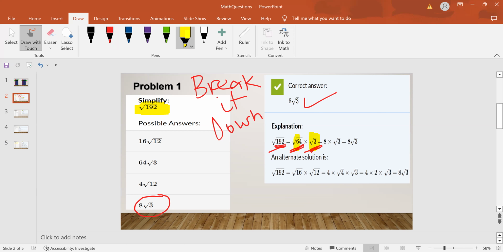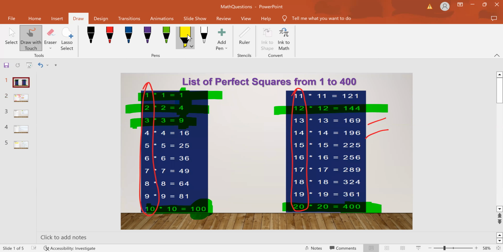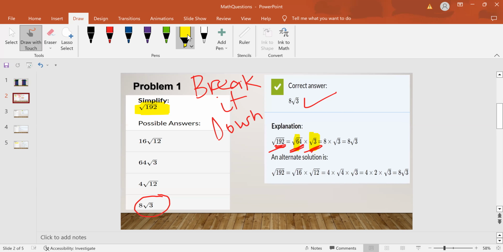Now you take 192 and divide by 2, that will give you 96. But 96 is not a perfect square. There is no perfect square here as 96. We have 81 and 100. So even though we know that 2 multiplied by 96 gives you 192, it's not helpful.